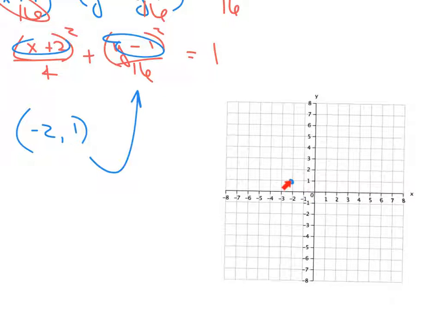So I'm going to go from the center, that's always my frame of reference here, 1, 2, 3, 4. So my vertex is going to be up there. And it's also going to be 4 below, 1, 2, 3, 4. And then my minor axis is going to be 2 and 2.